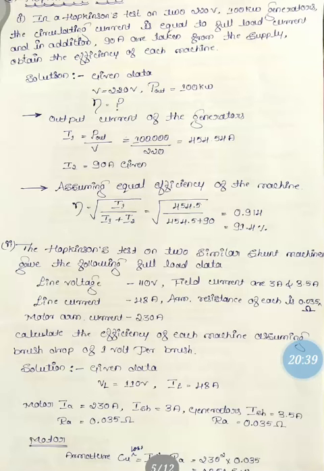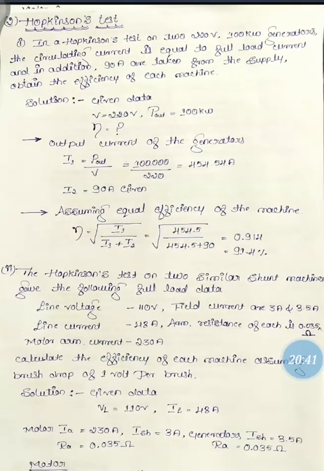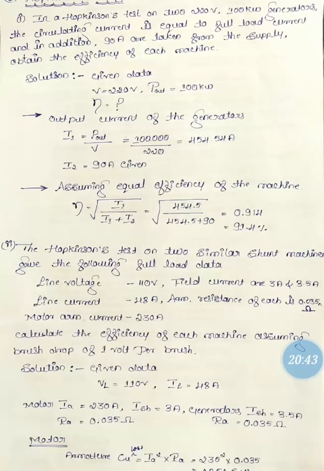Now let us consider the motor. Motor armature copper loss can be calculated as Ia square into Ra. So that is 230 square into 0.035, and we get armature copper loss as 1851 watt. Then brush loss: two terminals are to be considered, so that is 2 times the armature current, and we get the brush loss as 460 watt.